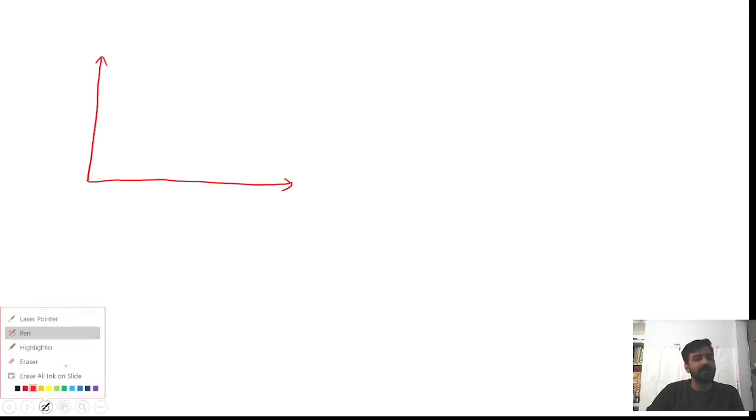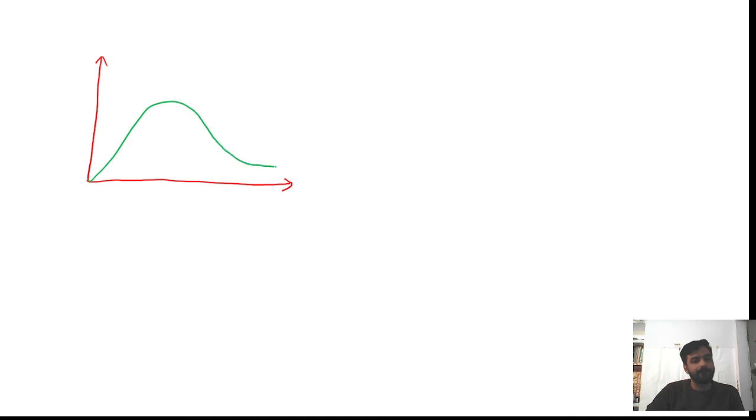If you have an RTD plot like this, if it is T and if it is E(t), okay. Sorry for my handwriting, it's not good, but I'm trying my best to let you understand the thing very easily.